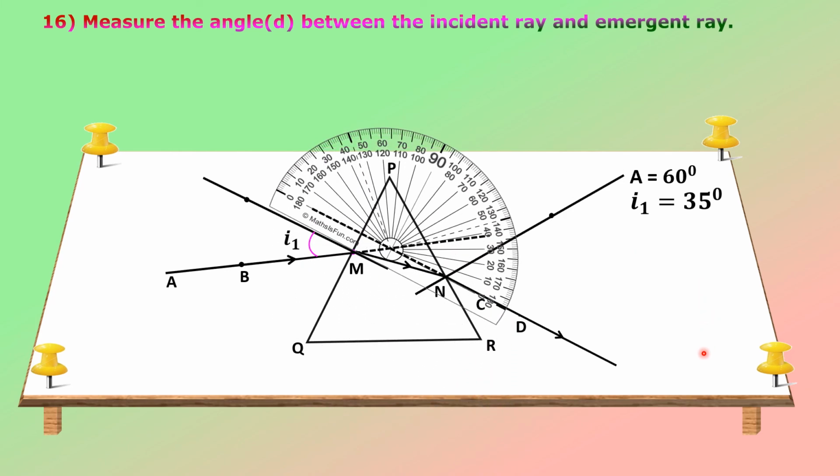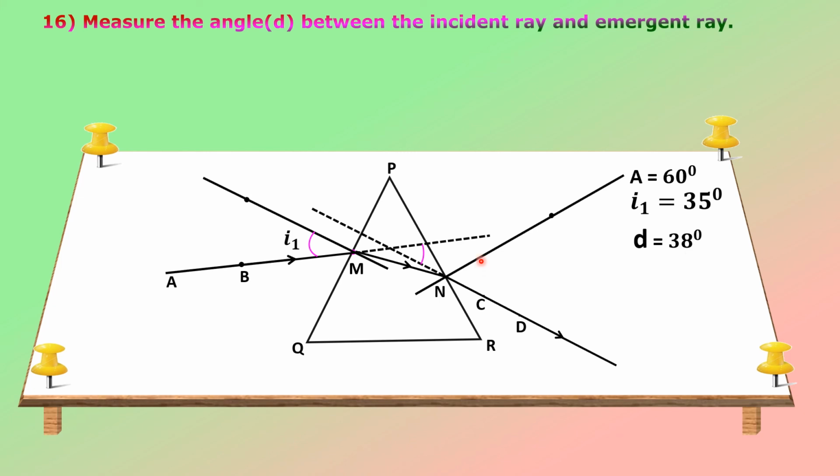See here how much it is. So here, this is the angle of deviation, it is around 38 degrees. So D equal to 38 degrees. In this case, when the angle of incidence is 35 degrees, the angle of deviation is measured as 38 degrees.